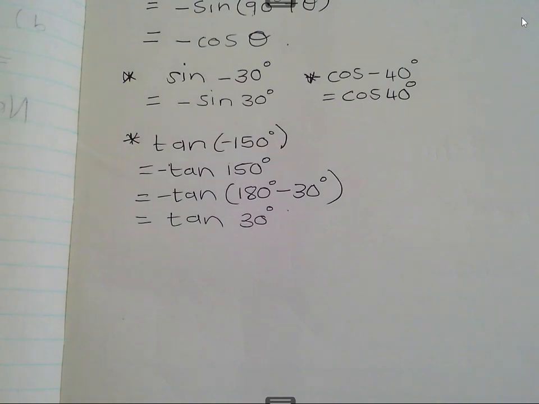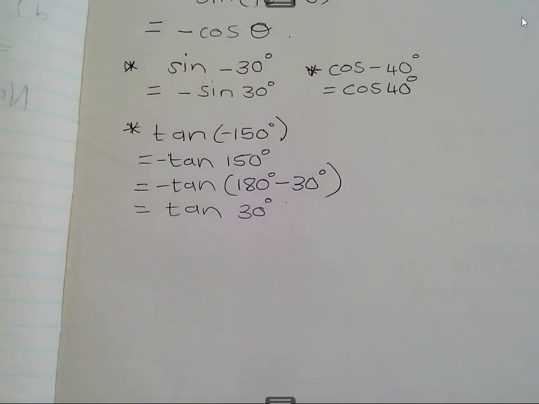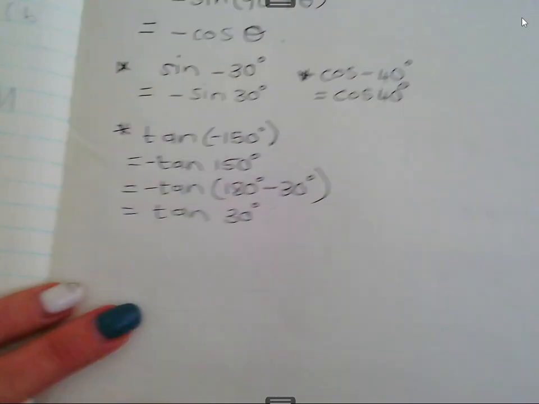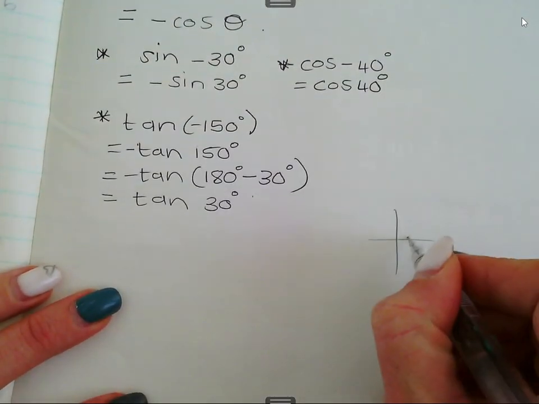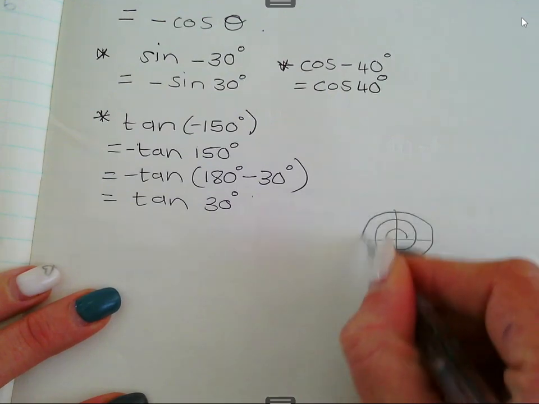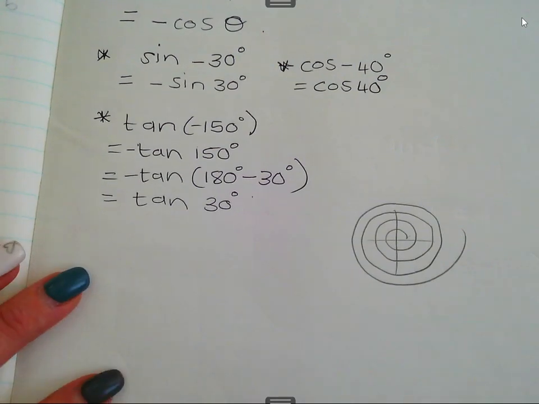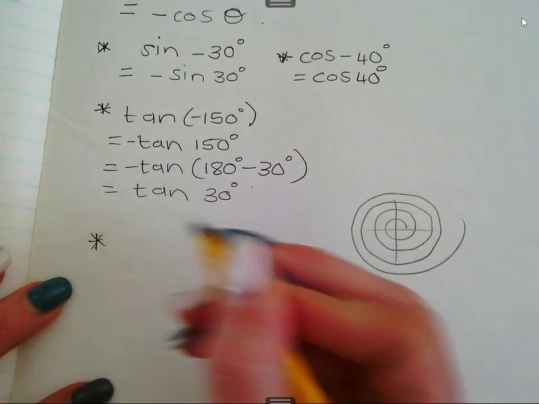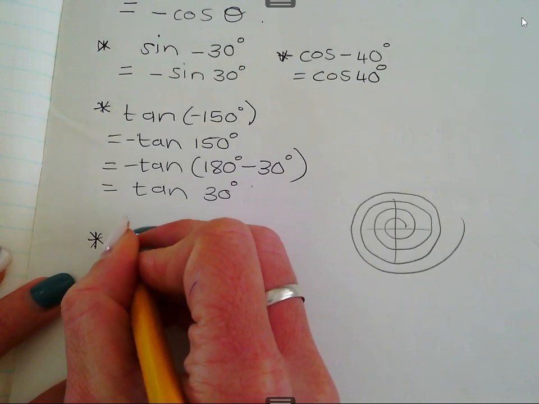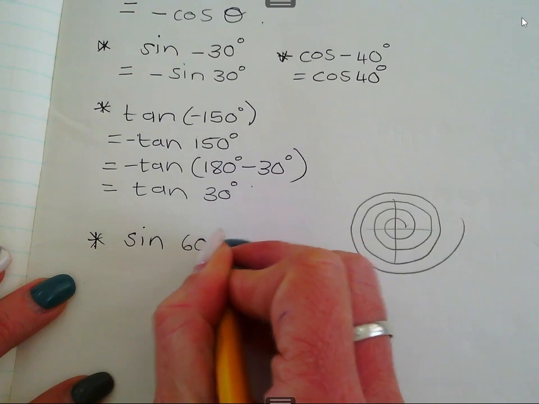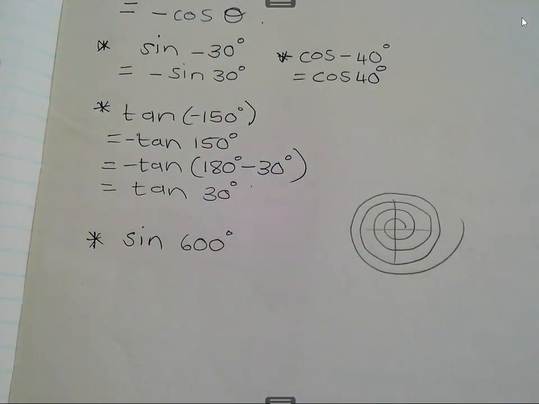There's one more thing I want to show you. You remember we said that the graph goes on in the same way, over and over and over again. Even if you look at the cos diagram, you can go round and round, and it's going to keep repeating. So, if I'm going to ask you for the sin of 600 degrees, should you be scared?